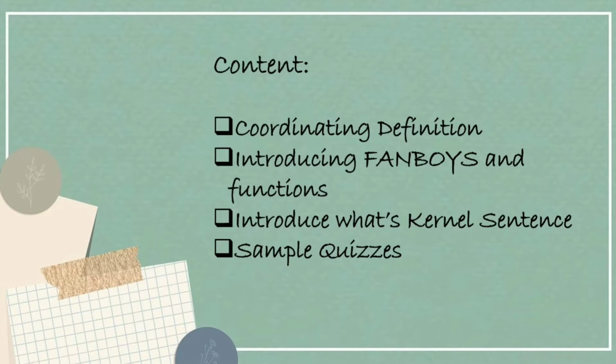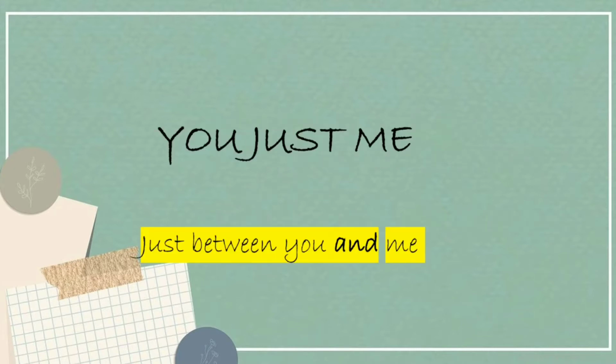So before we move on with the definition of coordinating conjunctions, let us first have some quizzes or some icebreaker. I will be showing a set of words or sentences, and we will be determining what the meaning of those words are. So the first one we have here is the words "you," "just," "me."